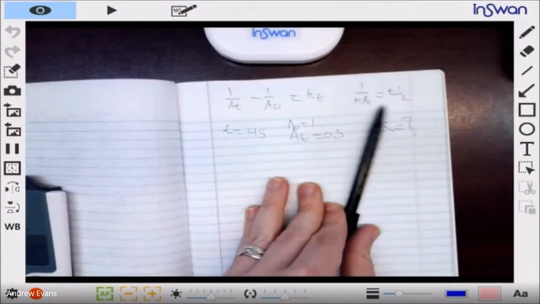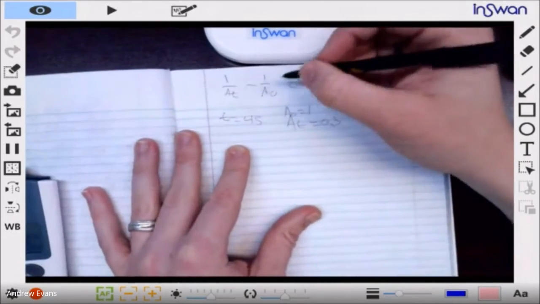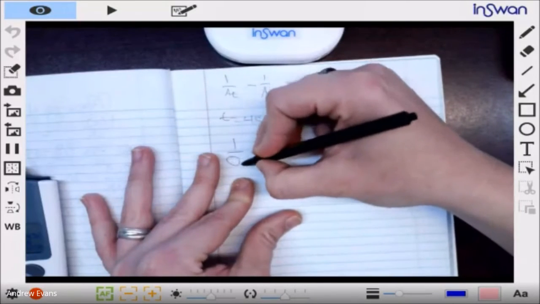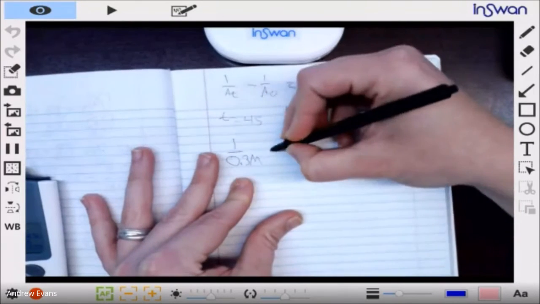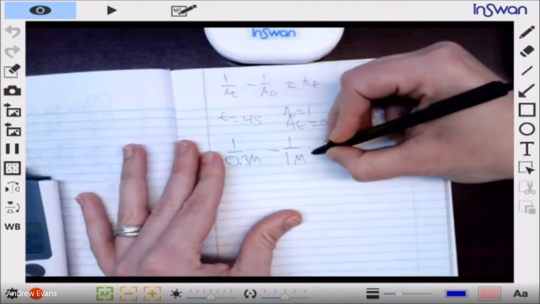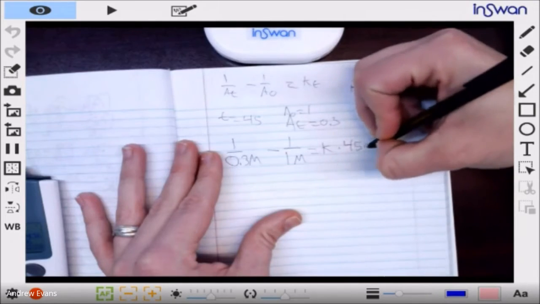We can just set that up. So 1 over 0.3 minus 1 over 1 equals K times 45 seconds.